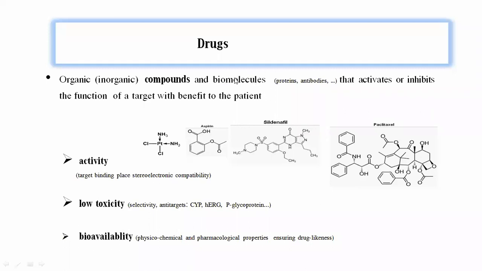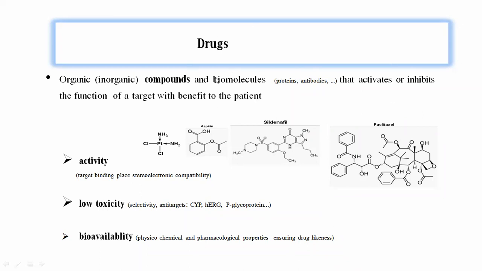There are compounds coming under the category of biomolecules, those are proteins and antibodies. An example of a protein biomolecule used as a drug is insulin. There are antibiotics, such as penicillin, which was an accidental discovery, but it naturally exists as a biomolecule. These activate or inhibit the function of a target cell with benefit to the patient.